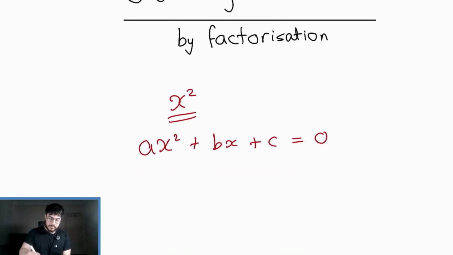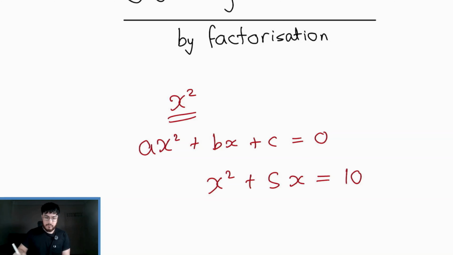Meaning, if at any point you have an equation with an x squared term in it, let's just say x squared plus 5x, and then it's equal to something like 10, we're not going to be able to do our factorization methods until this equation is a quadratic being equal to 0.